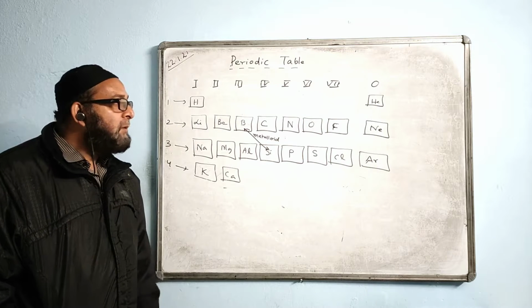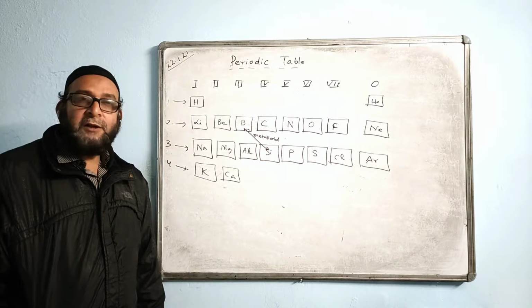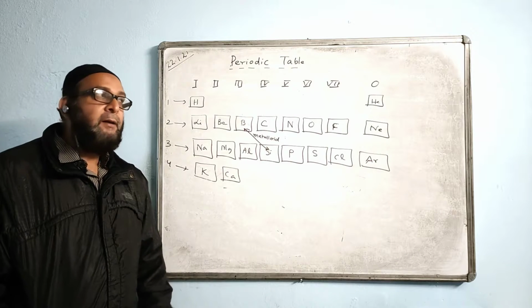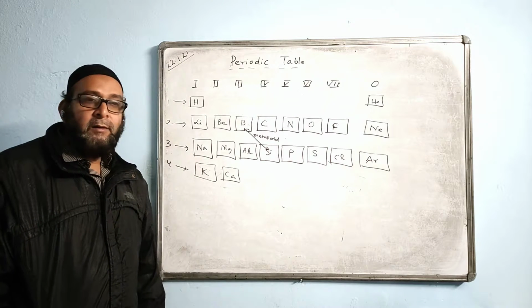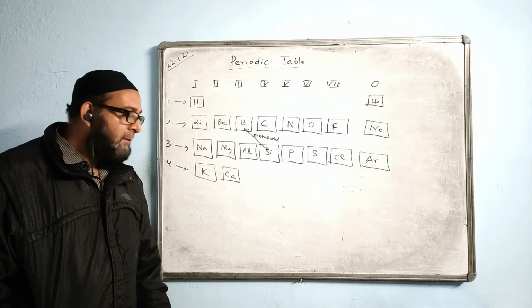Now, you have to know the definition of ionization potential, electron affinity, electronegativity.